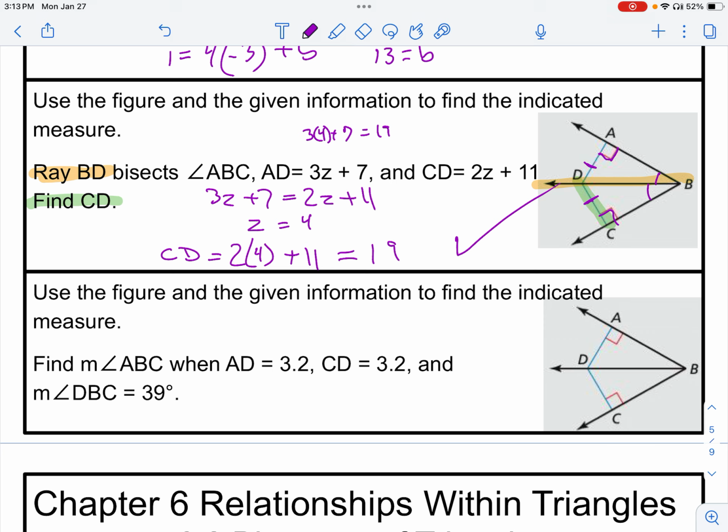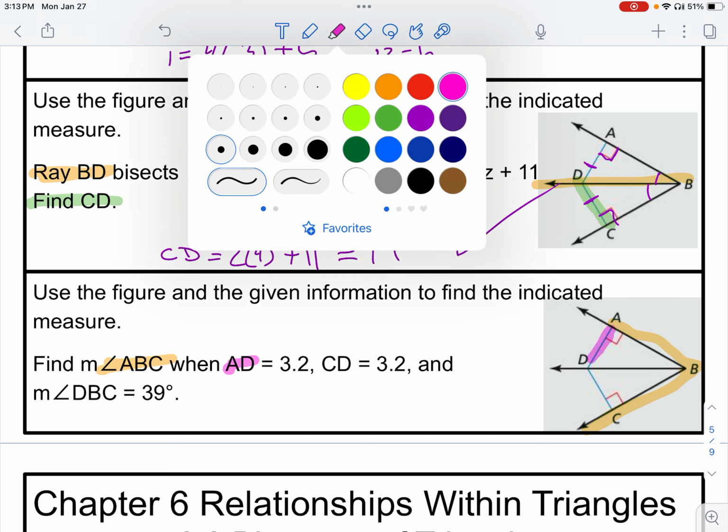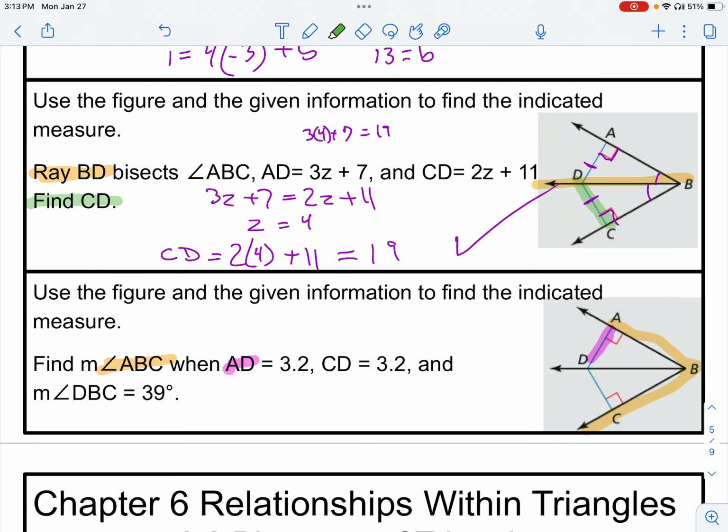All right. So let's find the measure of angle ABC. When AD here is 3.2, and CD here is also 3.2. Well, DA is 3.2. We're measuring at a perpendicular to BA. DC is 3.2, and we're measuring at a perpendicular to BC.